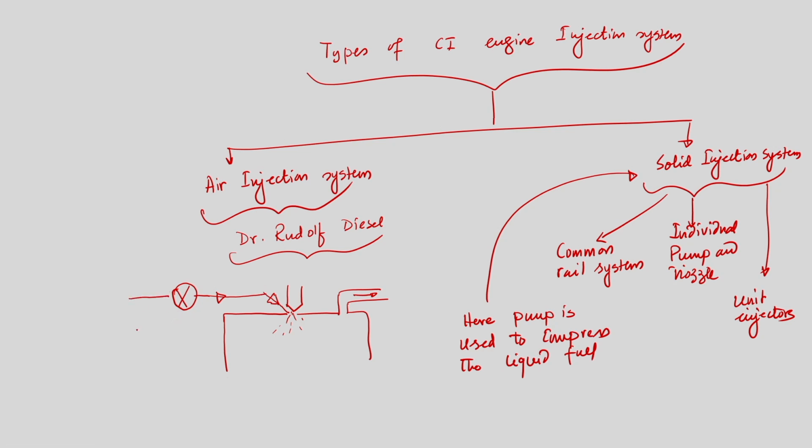So, this is the air compressor, and fuel is taken in at this point, not a nozzle. So, this is the fuel supply line.